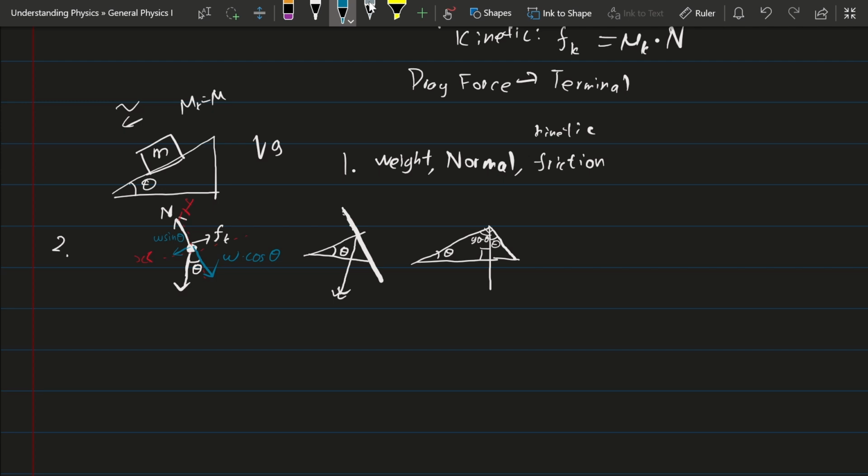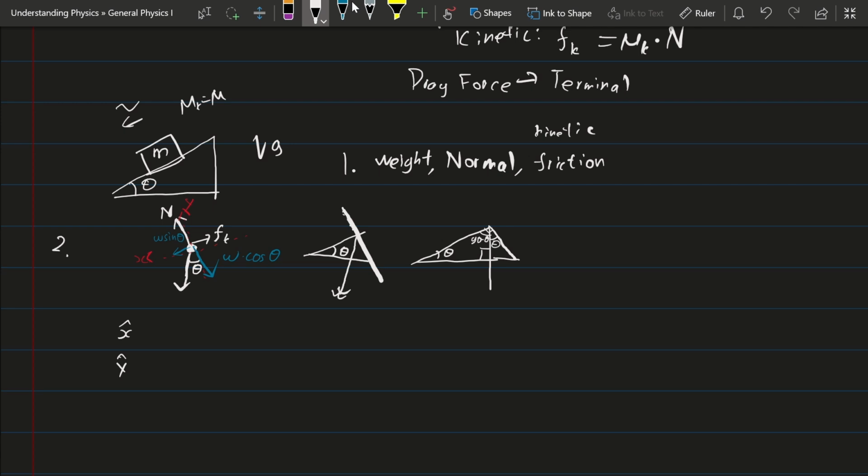So now we will try to use Newton's law. We can discuss it in these two different axes. First, I want to discuss in terms of the y-axis.